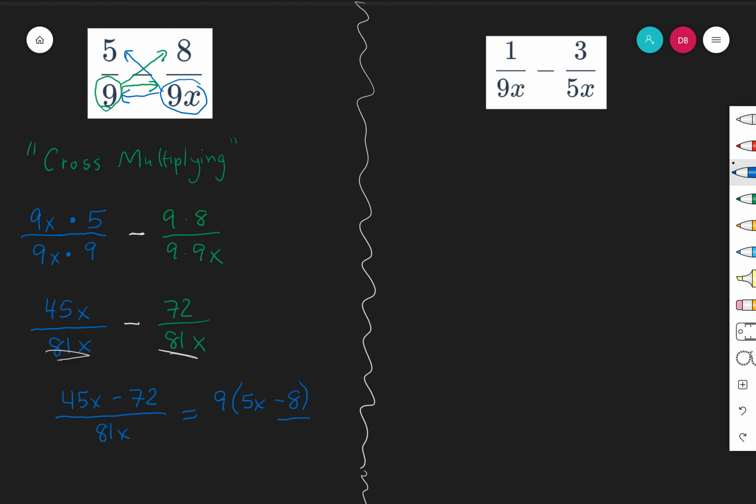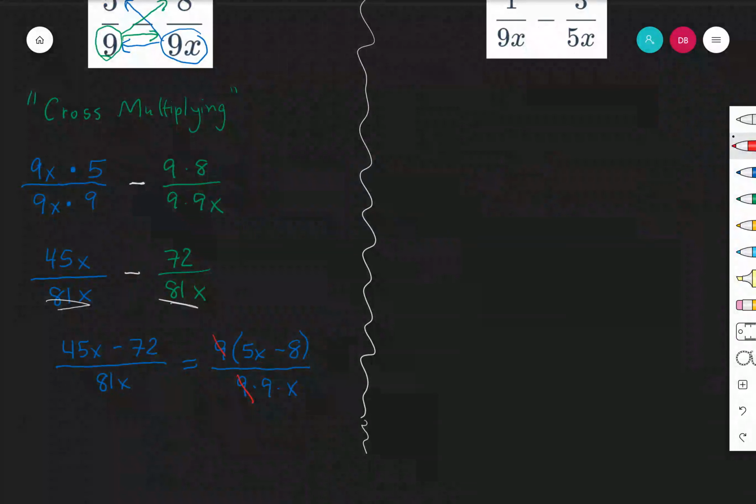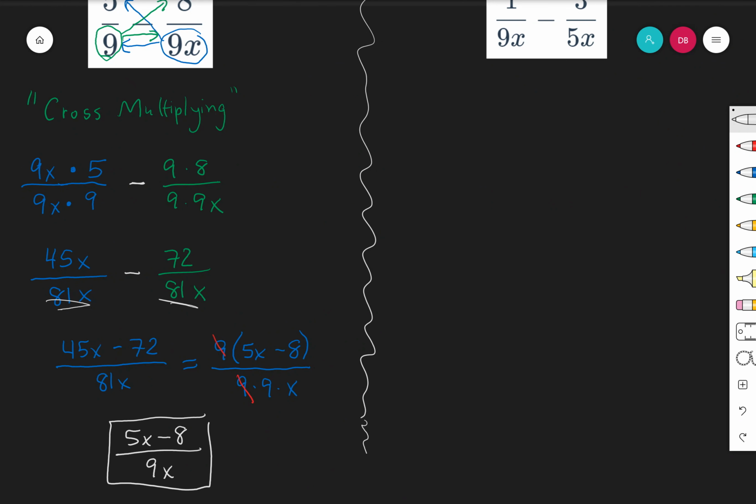On the bottom, 81x is the same as 9 times 9 times x. Now I can cancel out a 9 on the top and the bottom. And now my final answer is 5x minus 8 over 9x. And that's my final answer.